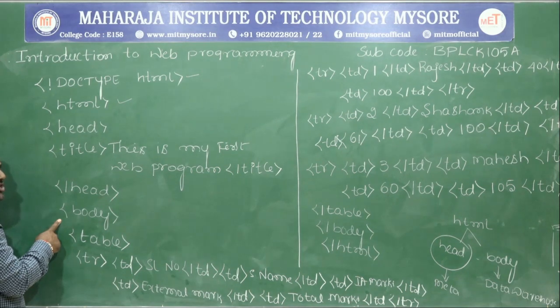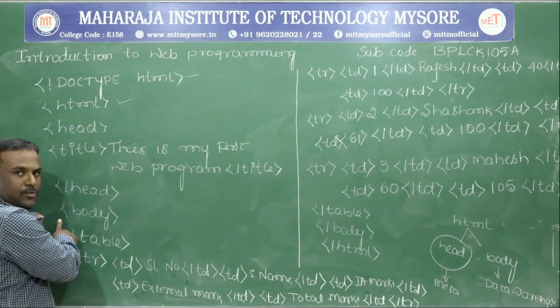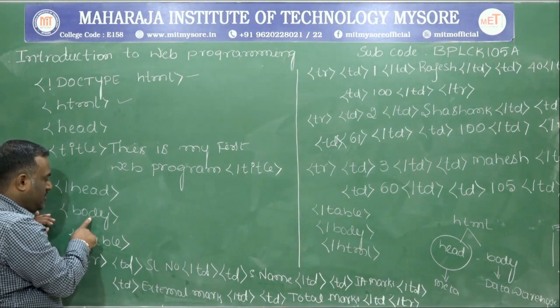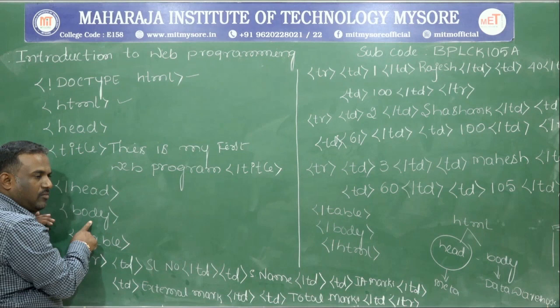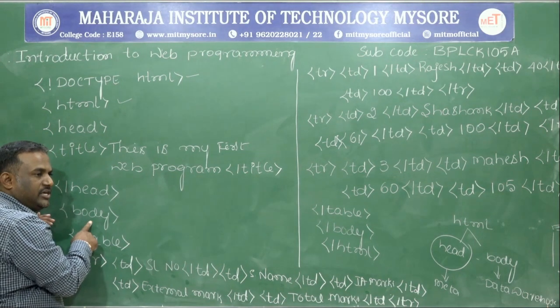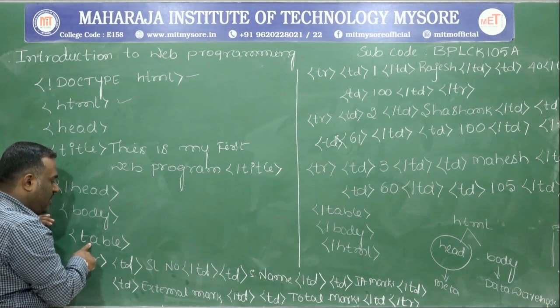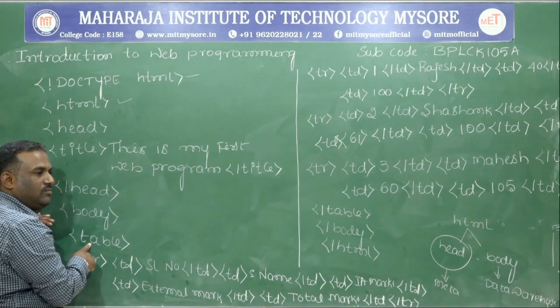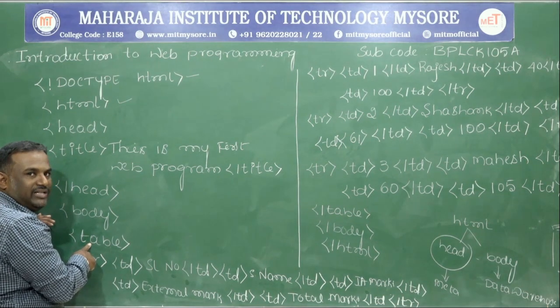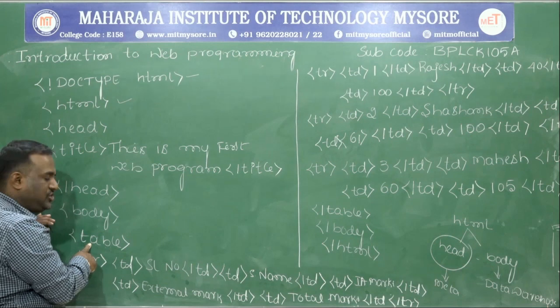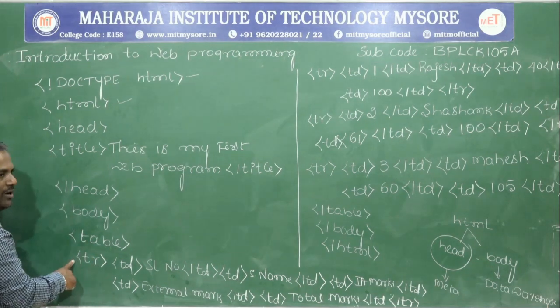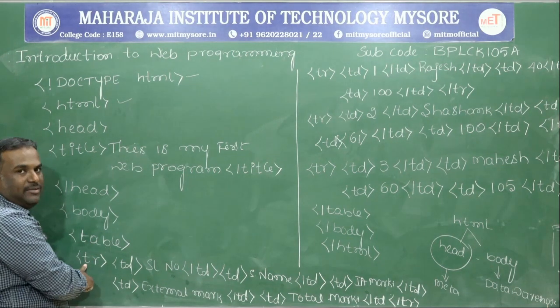The main intention of this program is to create the table on the web page. The first element is body. Inside the body, we have the table. With the help of the table, you are going to create the table on the web page, and then the table is followed by the tr element.